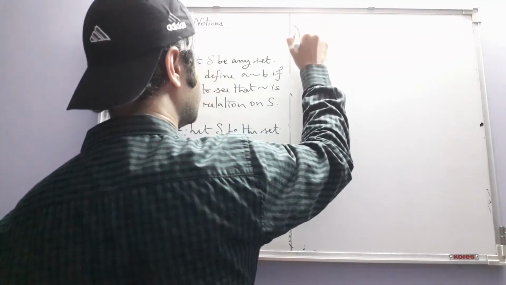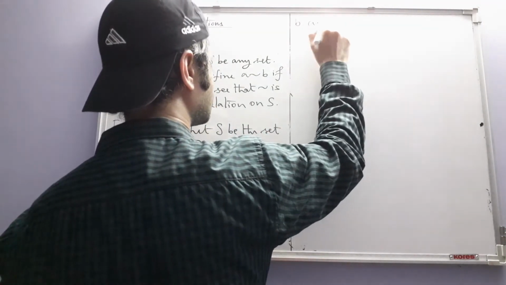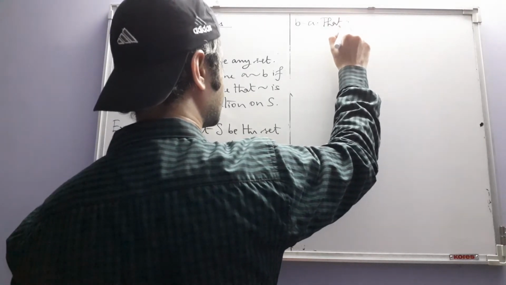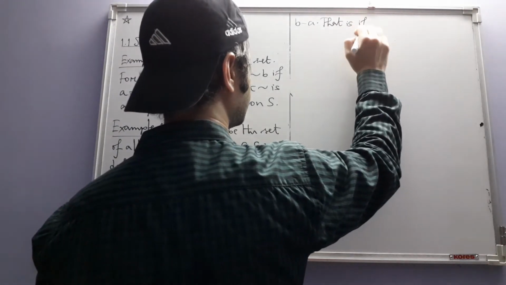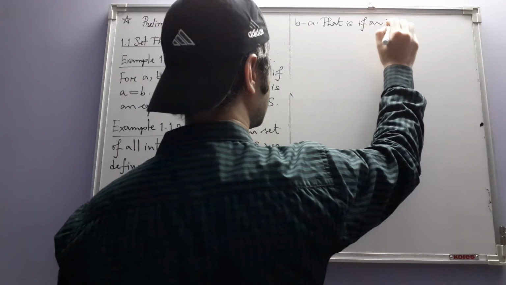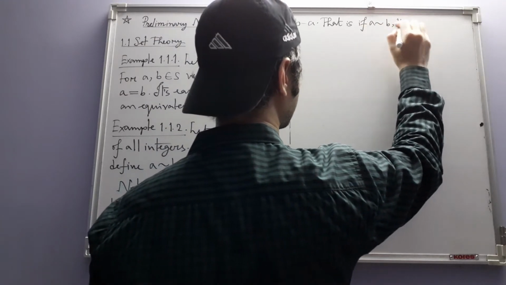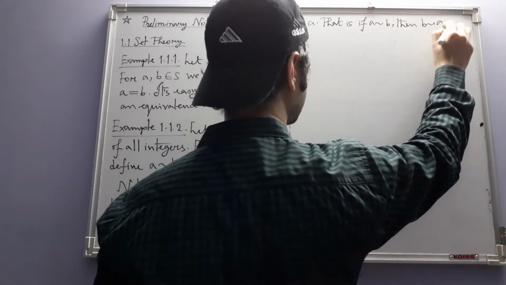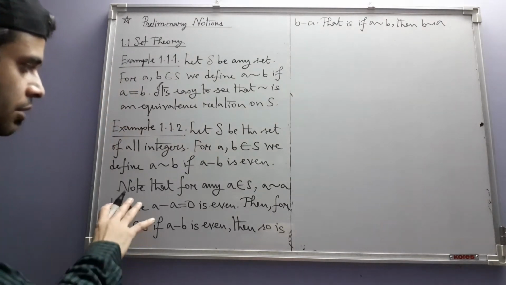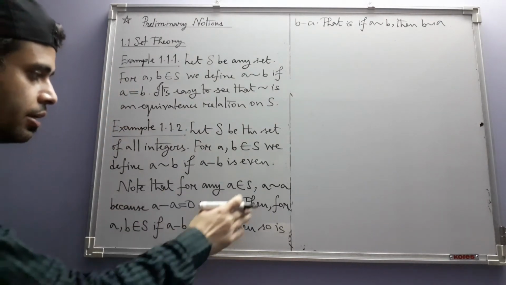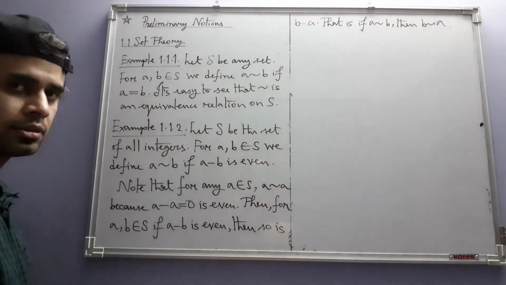That is, if A is related to B, then B is related to A. So we have proved that this relation is reflexive and symmetric.